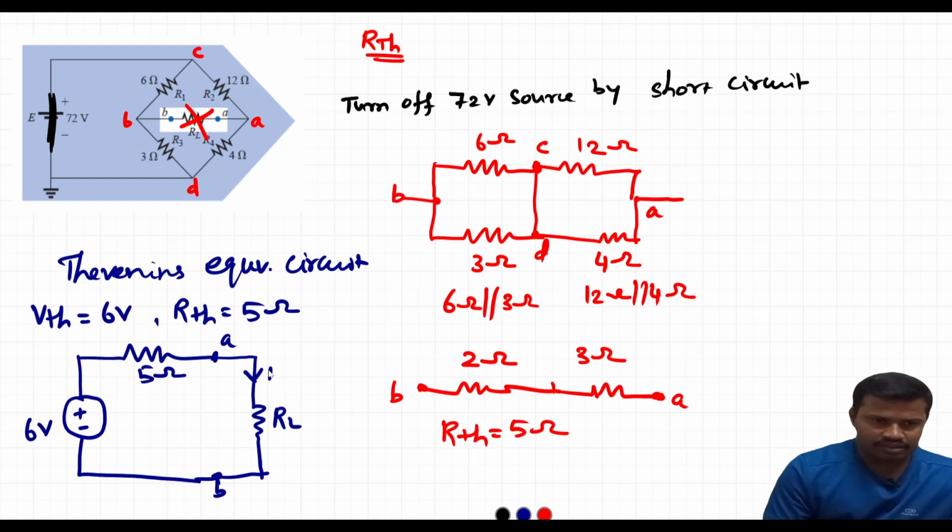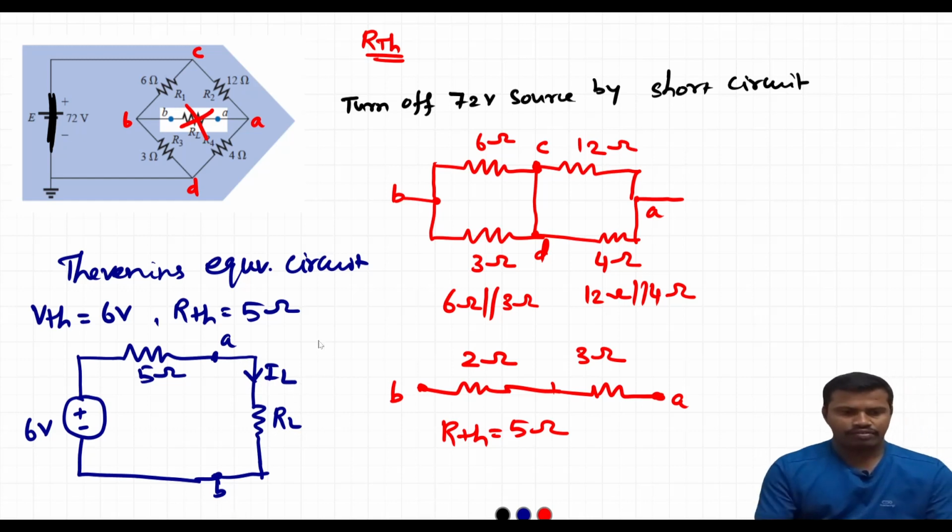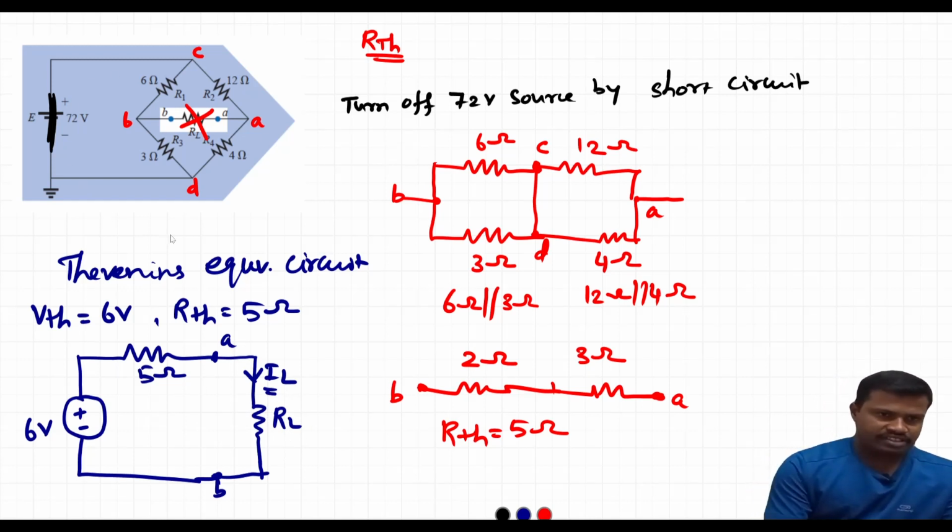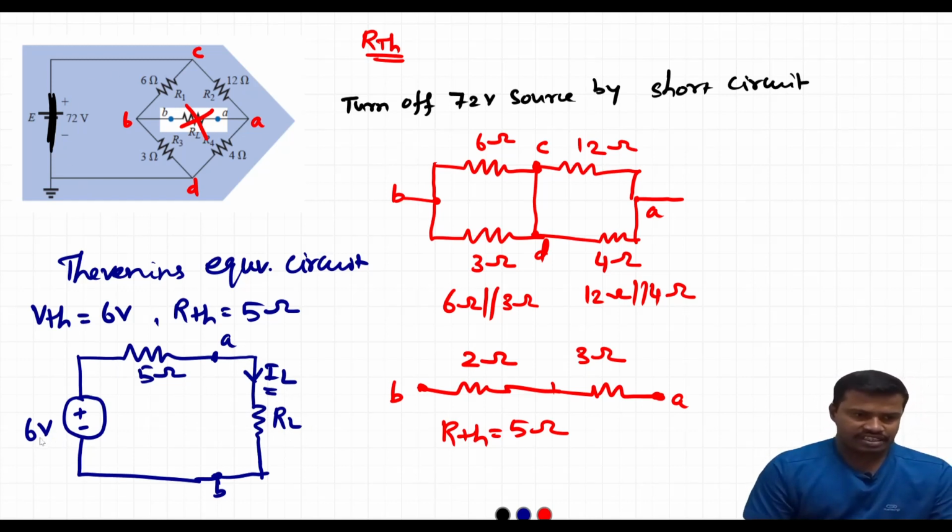From this we can find the value of IL. The current flowing through RL can be found very easily from the Thevenin's equivalent circuit. So the big complex circuit can be replaced with a single voltage source and a resistor connected in series with it.